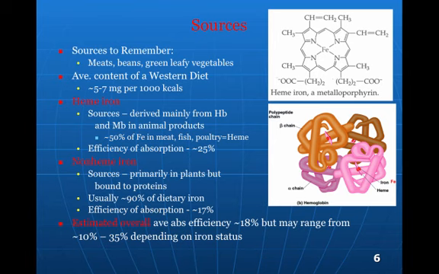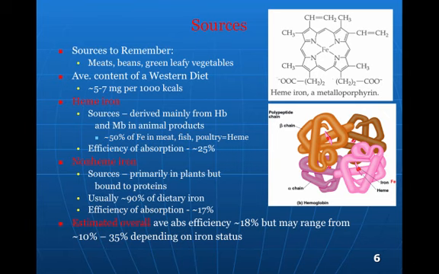Now, the average content of iron in the Western diet is relatively low. It's about 5 to 7 milligrams per 1,000 kcals. So when you look at this, let's say for example, looking at a lot of FSN 210 diet analyses and other analyses, especially from students through the years, a lot of women don't consume that many calories.